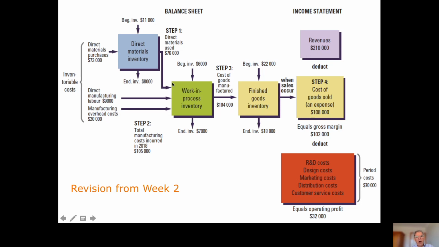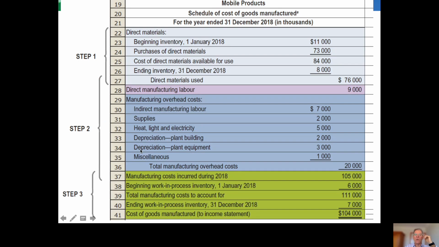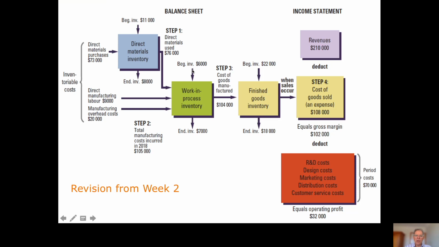So the quick overview of the flow of costs, we're going to look at these two in the next couple of slides. But back in week 2, we gathered that data to produce this report, and we're able to see the cost of goods manufactured at the end. We had our direct materials, and we had our direct labour, and we had all of our manufacturing overhead costs added together, total cost with opening stock of work in process.